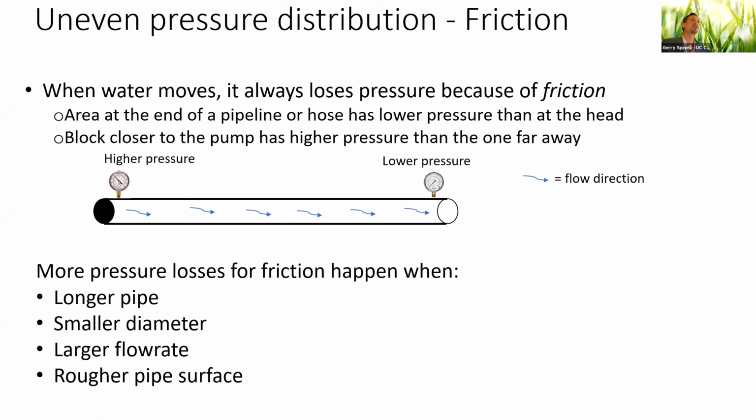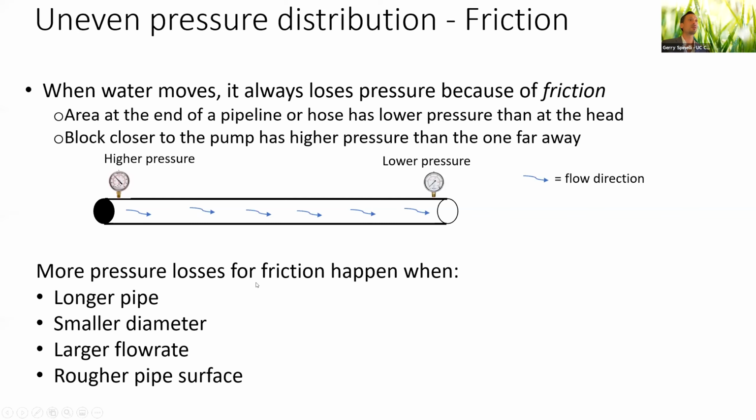The ramification of this is that if you have a drip line and you're irrigating your plants, at the beginning of your drip line there will be higher pressure than at the end of the drip line. And so the first plant would receive more water than the last plant. More pressure losses because of friction will happen when you have a longer pipe, of course, or when the diameter of the pipe is smaller.